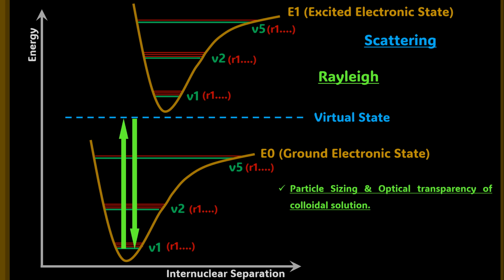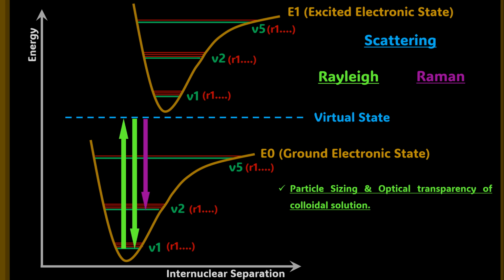Now, in the cases where the photon is causing a change in the polarizability of the molecule, the released photon will have a different frequency from that of the incoming photon. And this kind of scattering is called Raman scattering. The difference between the frequencies is used up in causing a change in the molecule. And thus, this energy change is not related to an electronic transition, but is a very minimal energy change.